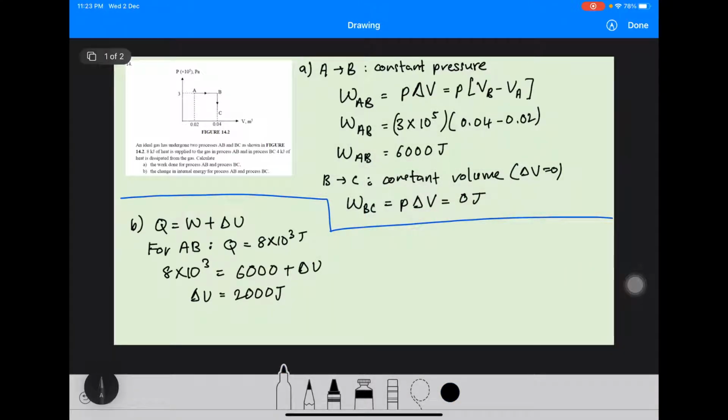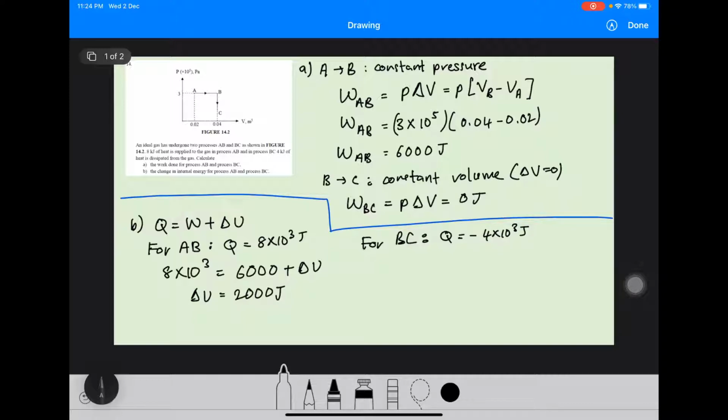For BC, the Q is given as well. In the process of BC, 4 kilojoule of heat is dissipated. So that means Q is equal to negative 4 kilojoule. Because energy is a scalar quantity, you need to determine whether it is positive or negative yourself, and you just have to carry the sign convention.